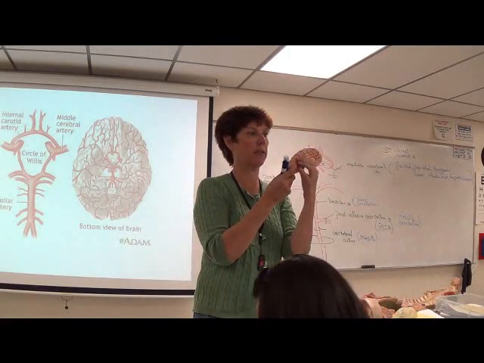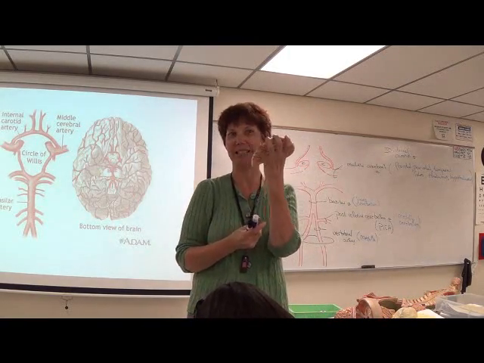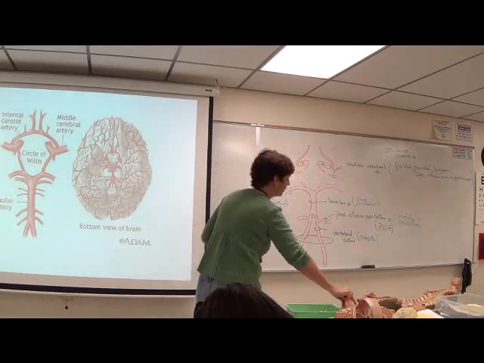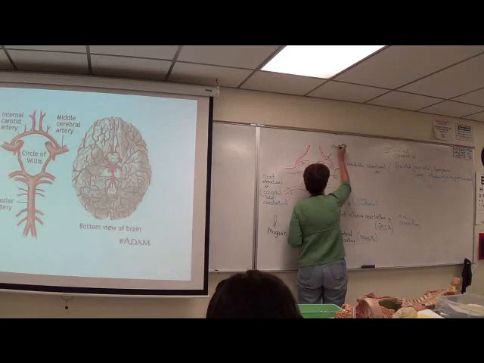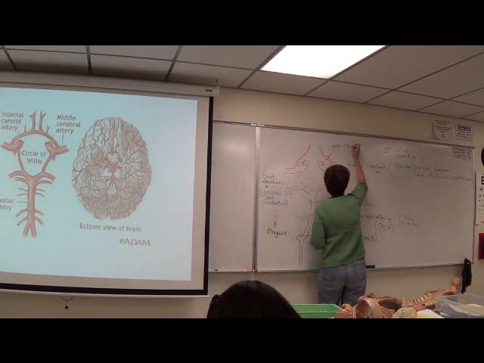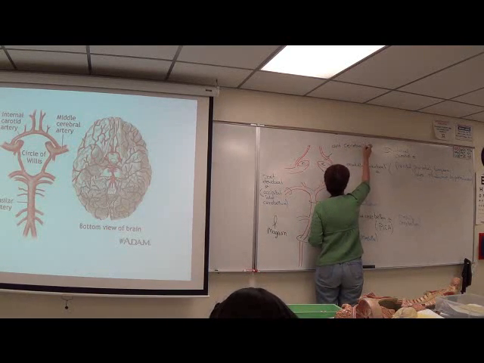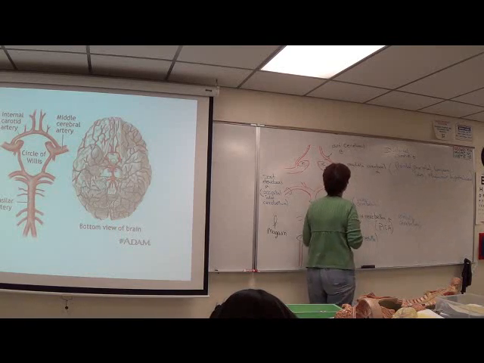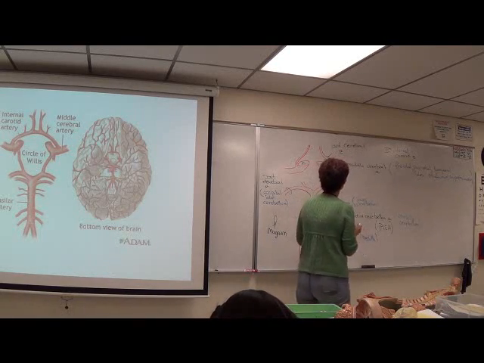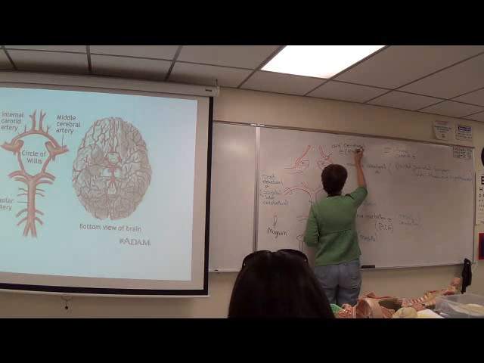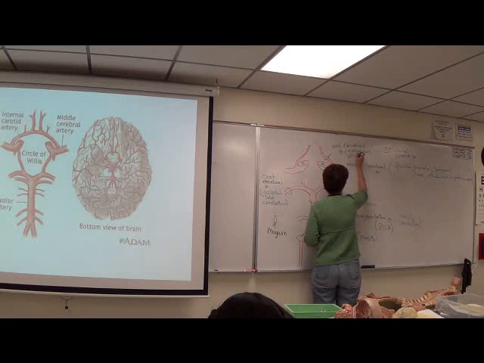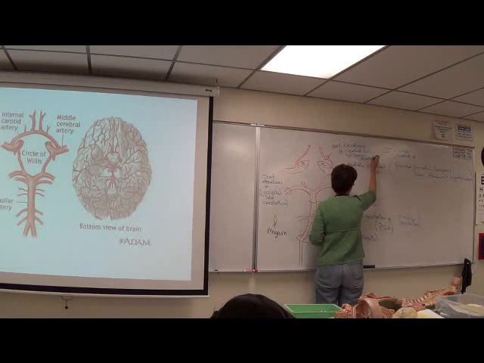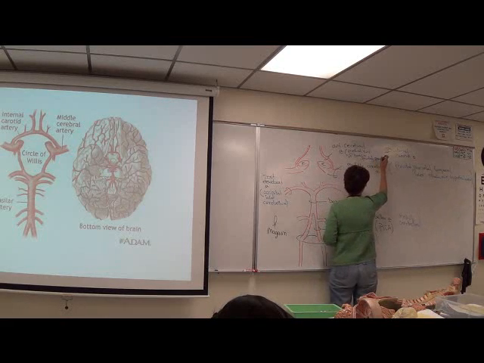So all of this medial surface and just a little bit over the edges is anterior cerebral artery. Essentially frontal and parietal lobes.